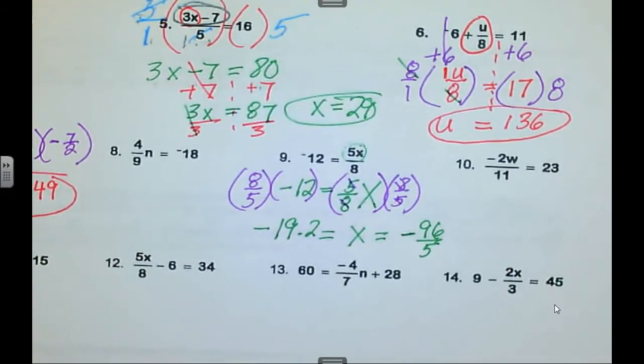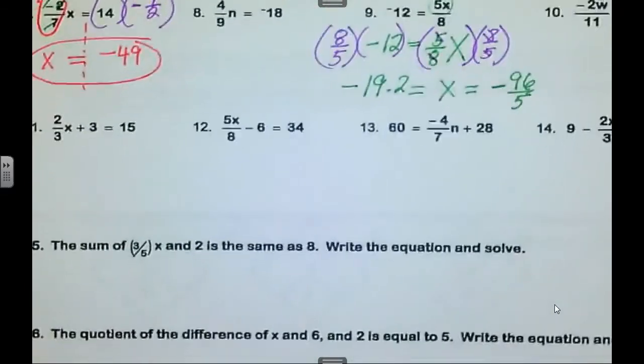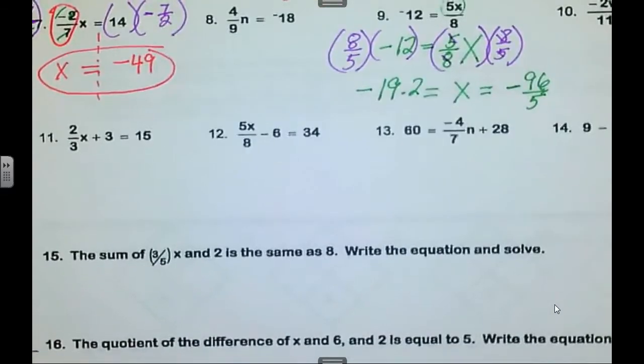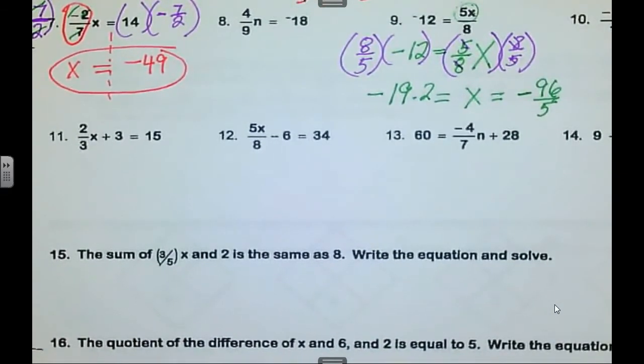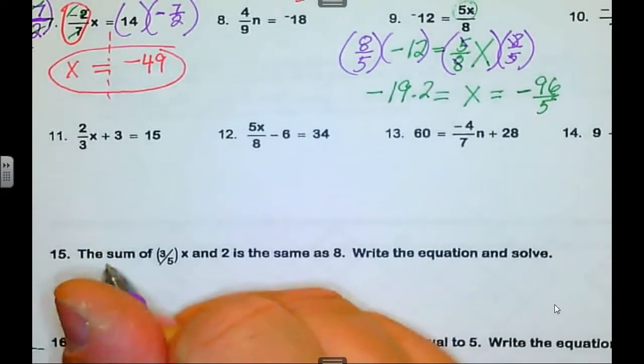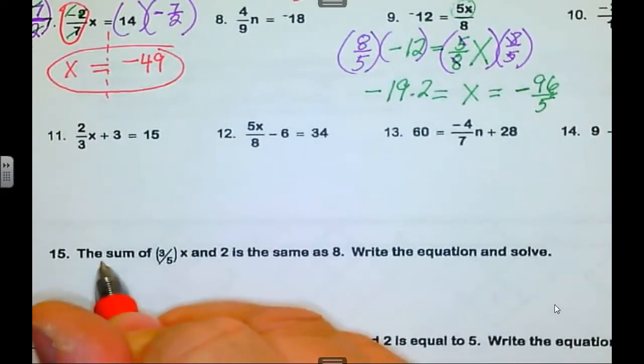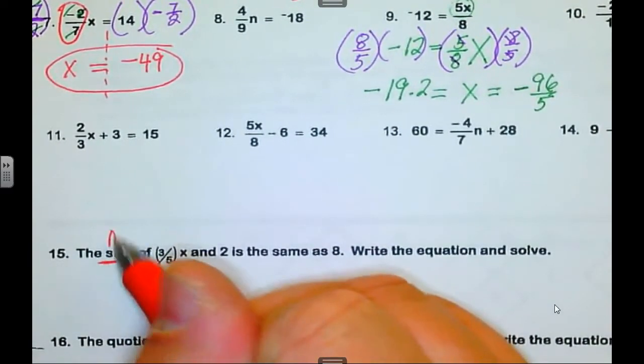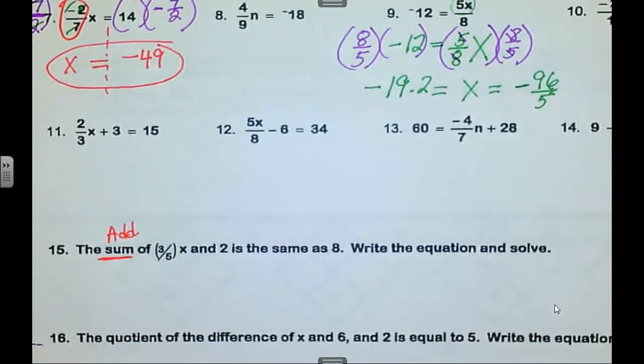All right, some word problems here, which I think I had a couple on the test, and you guys really did not do too well on. The sum. What does the word sum mean? That's right, add. Of 3/5 x.